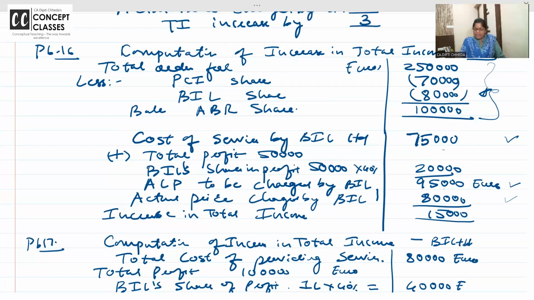BIL's cost is 75, their profit is 20,000, so they should have charged 95,000. But they have charged only 80,000. Have we undercharged? Yes. So increase total income by 15,000, and this is called the primary adjustment.